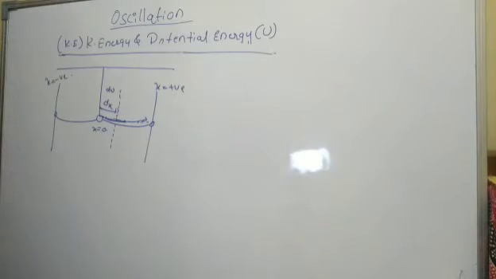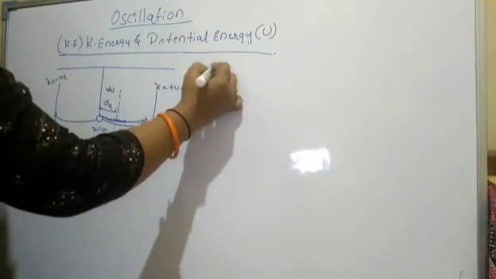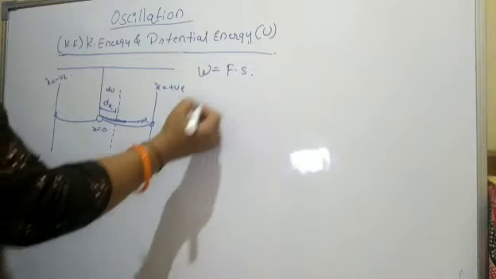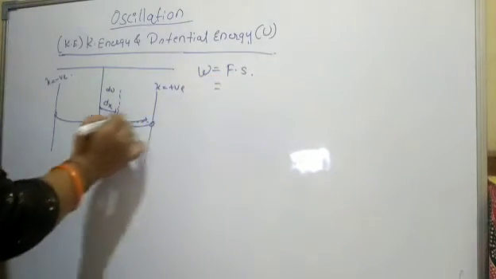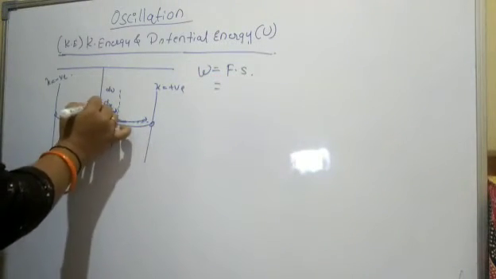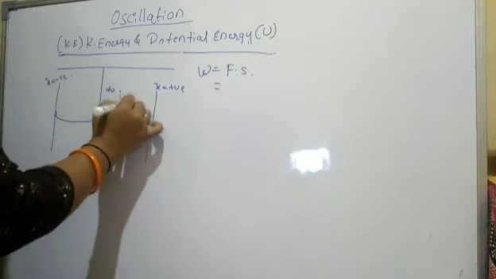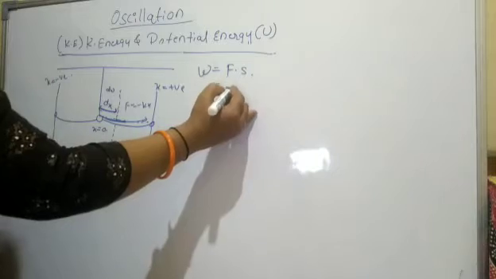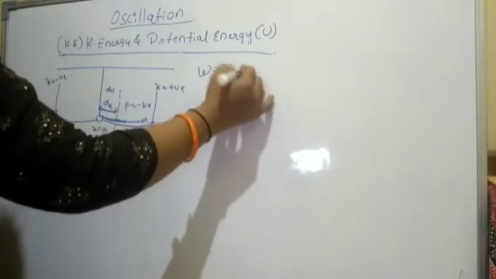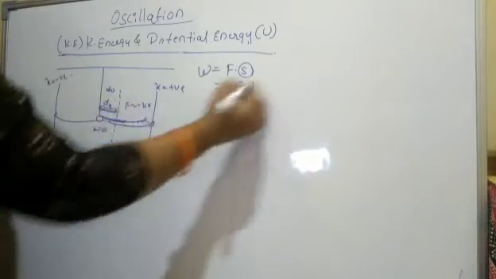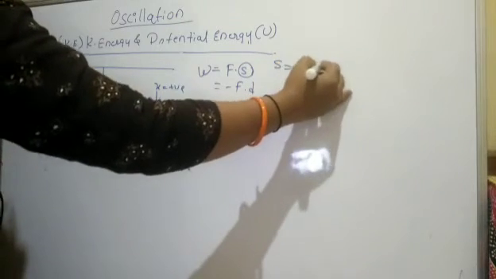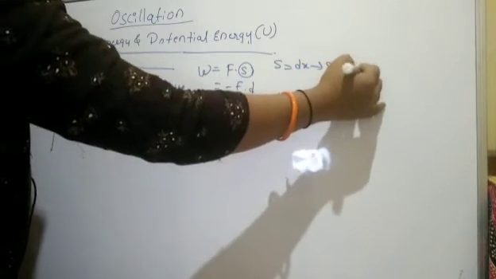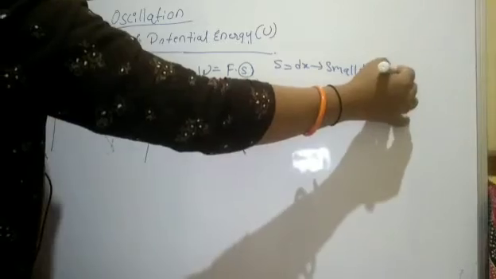If small work is done in displacing the particle by a small displacement, then the work done is F into S. What kind of force is it? In simple harmonic motion, F is equal to minus kx. And S is equal to dx, meaning a small displacement.